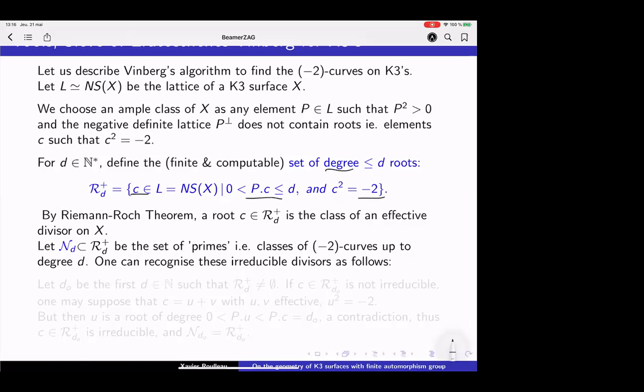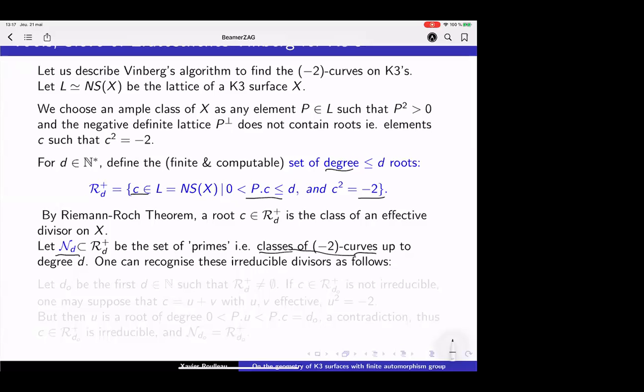By the Riemann-Roch theorem, a root is the class of an effective divisor on X. Now you have the roots, and you want to understand which of these roots are primes, which means for me irreducible classes of -2 curves.